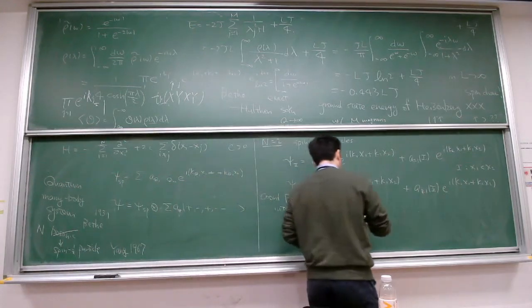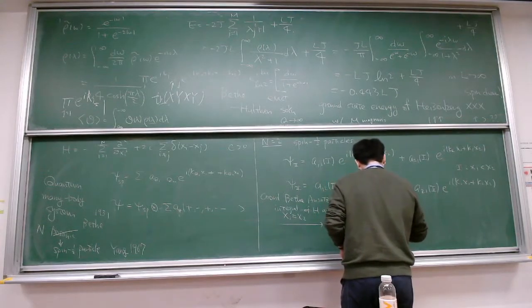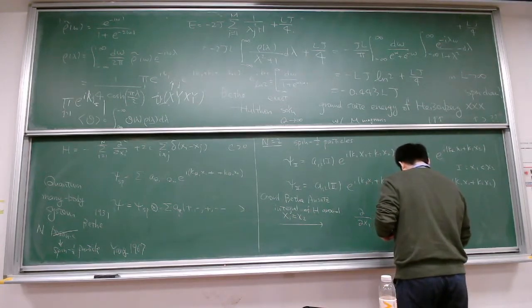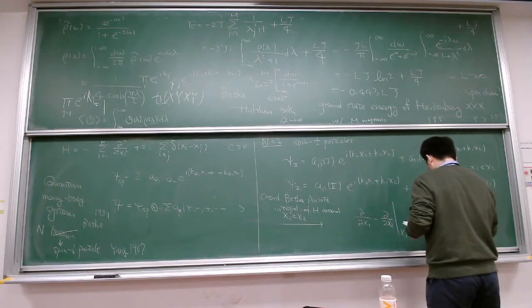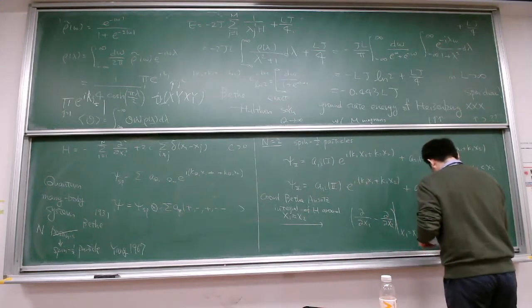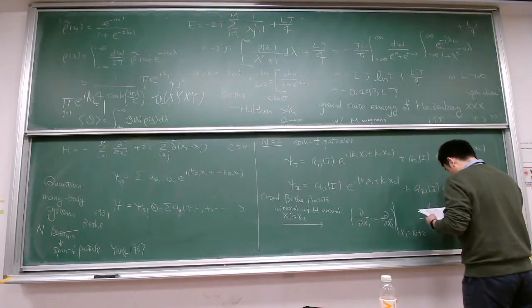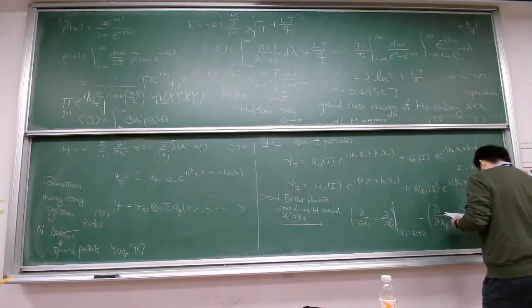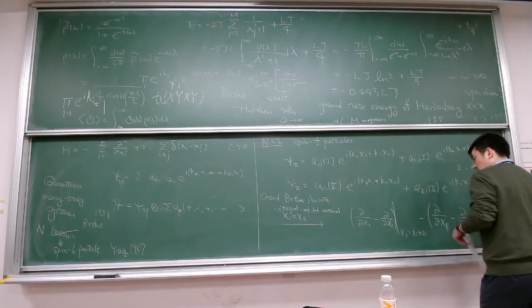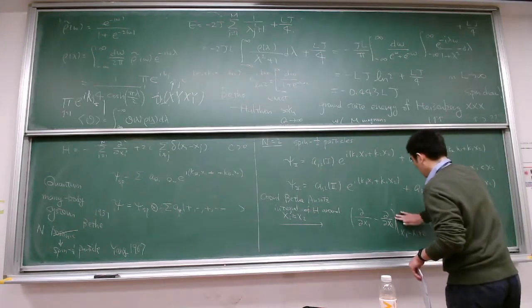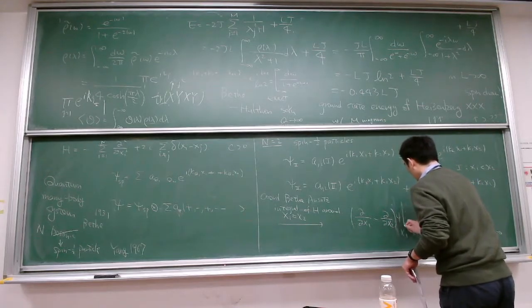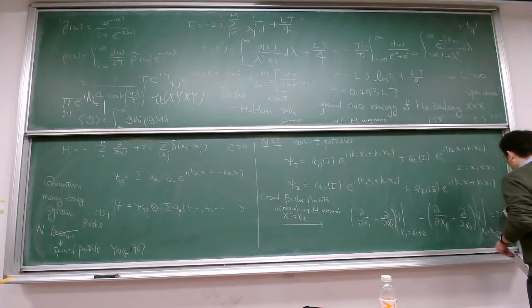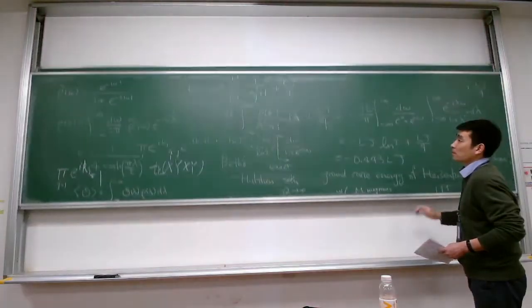As I mentioned many times, you get the jump condition at x1 equals x2 plus 0 minus 0 for psi, equal to 2c psi.